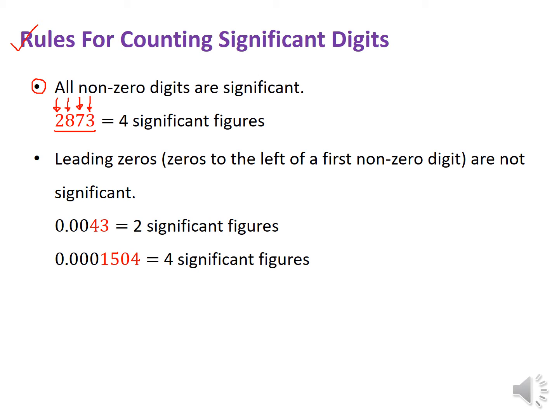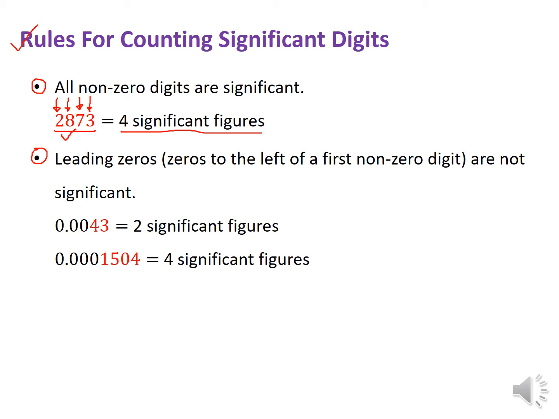So here all the digits are significant as all the 4 digits give us useful information about the measurement of the number, and we are sure that the number is exactly 2873. So in this number we have 4 significant figures.